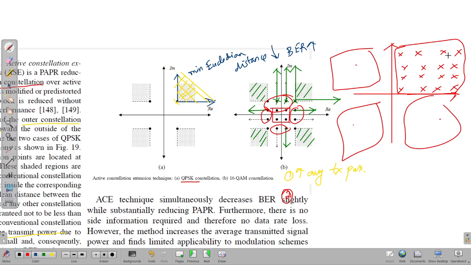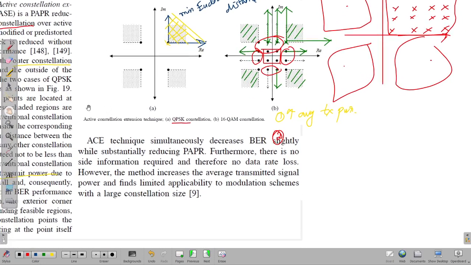Only the corner points and the outside points will have the freedom to change their amplitude or phase in order to reduce the PAPR. So that is one of the disadvantages you can see in this active constellation extension technique.